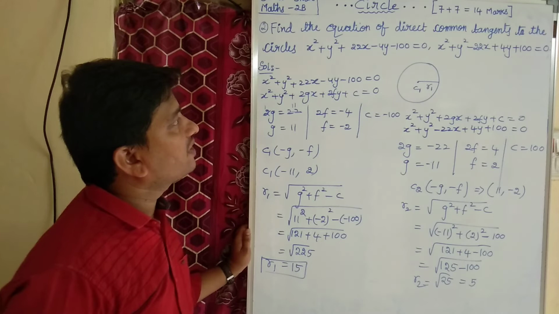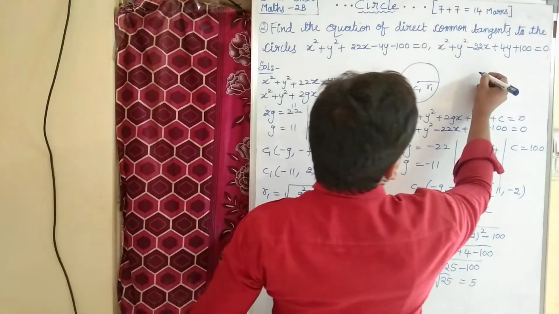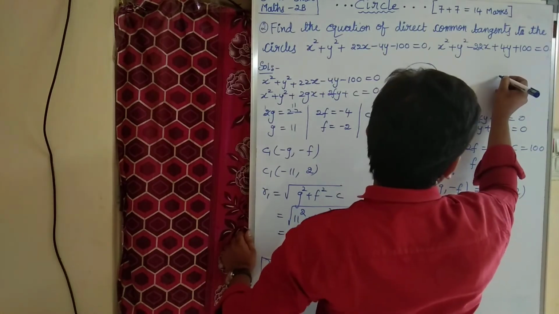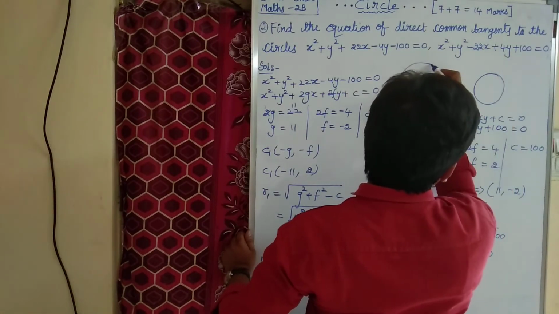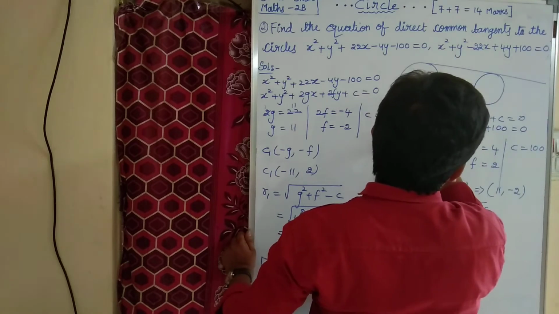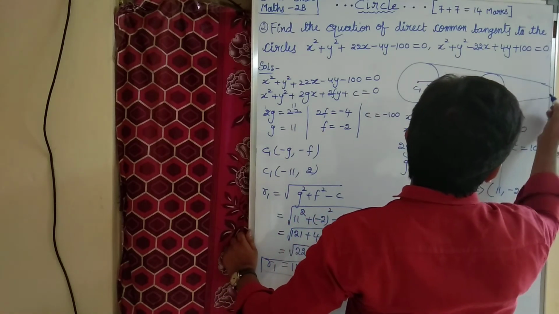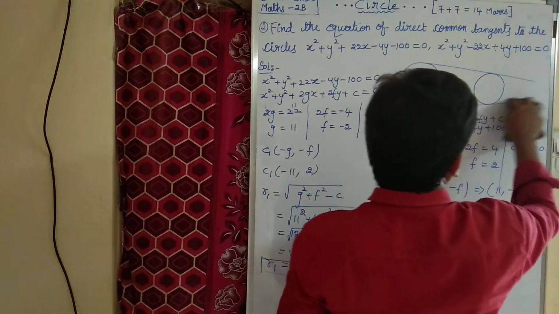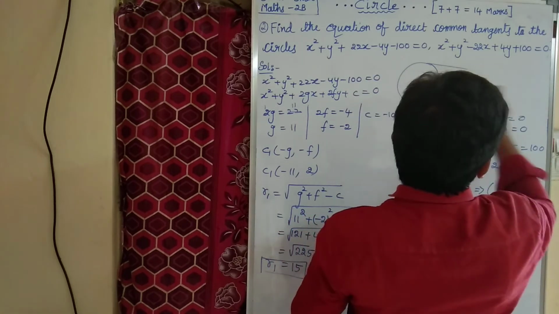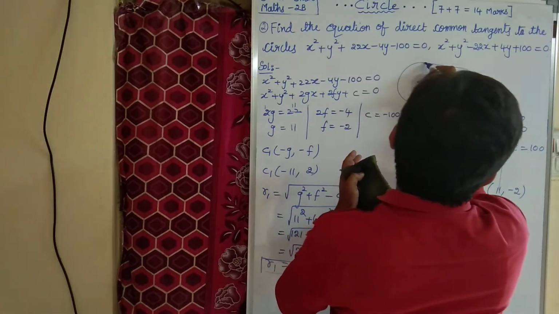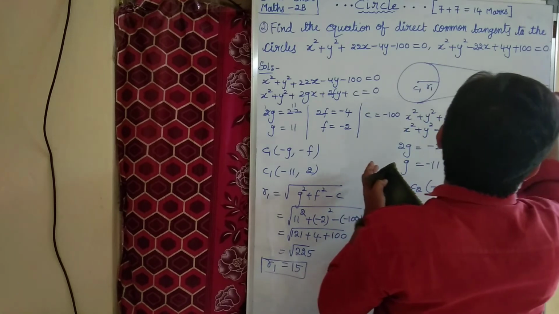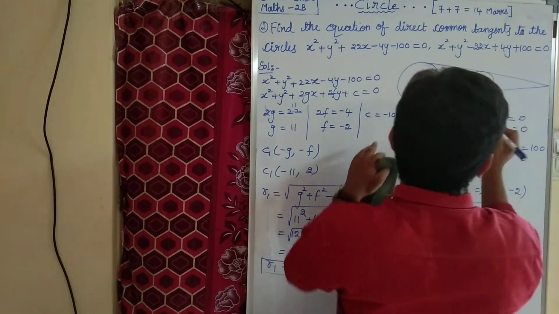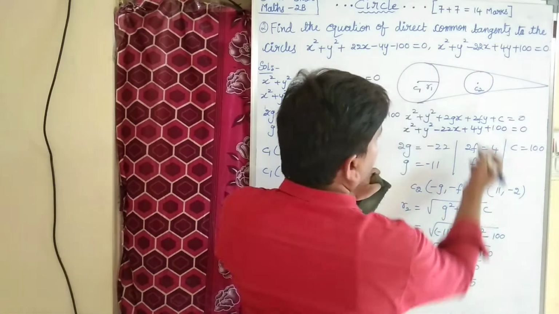So for the equation of direct common tangents, these are the two circles. Let us draw now. This is the second circle C2, and whose center is how much? 11 comma minus 2.